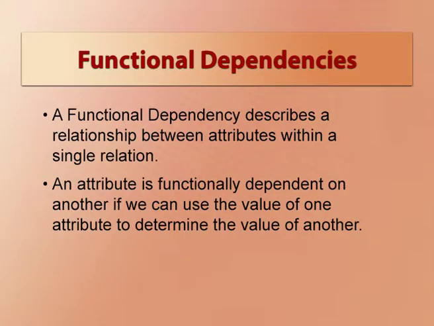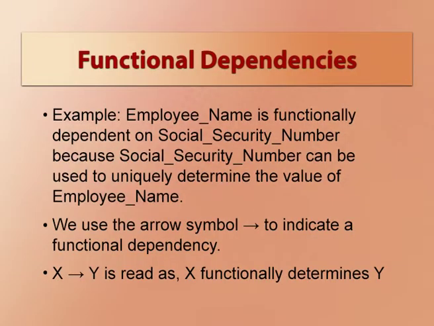A functional dependency describes a relationship between attributes within a single relation. An attribute is functionally dependent on another if we can use the value of one attribute to determine the value of another. We can understand this with an example. Suppose a relation contains employee social security number, employee name, employee address, and department he is working in, among various fields.